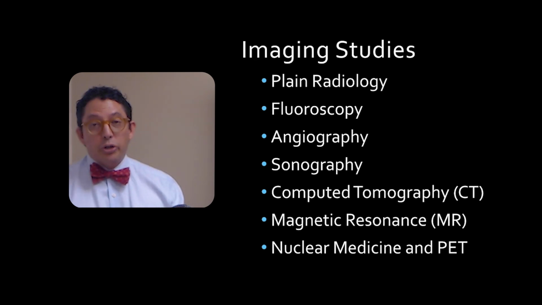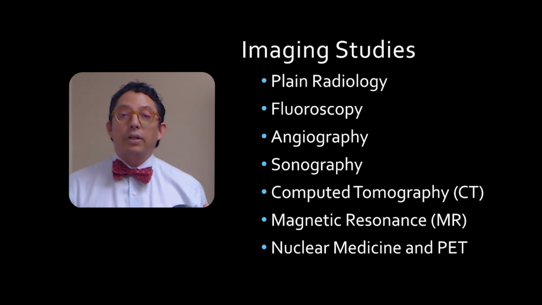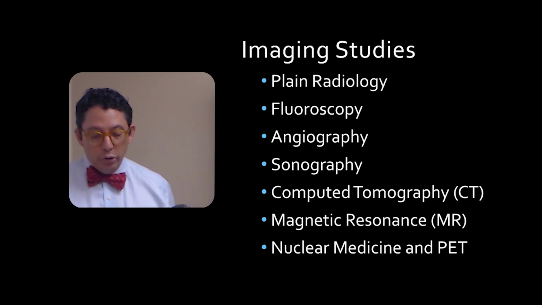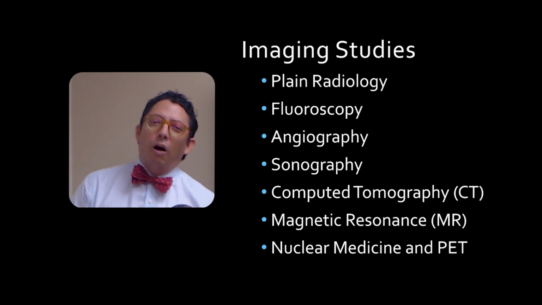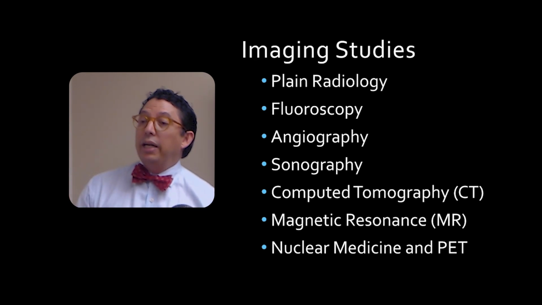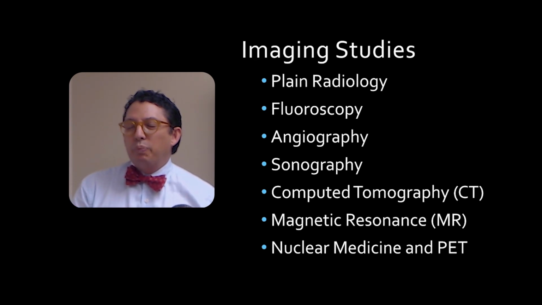Another way is through angiography, which is when you shoot dye inside of the vessels, typically the arteries, so you can see vessel maps, and you're actually doing a cinematic picture of a radiograph. Another way is through sonography, which we call ultrasound, where you use ultrasound waves to look inside of a patient's body.